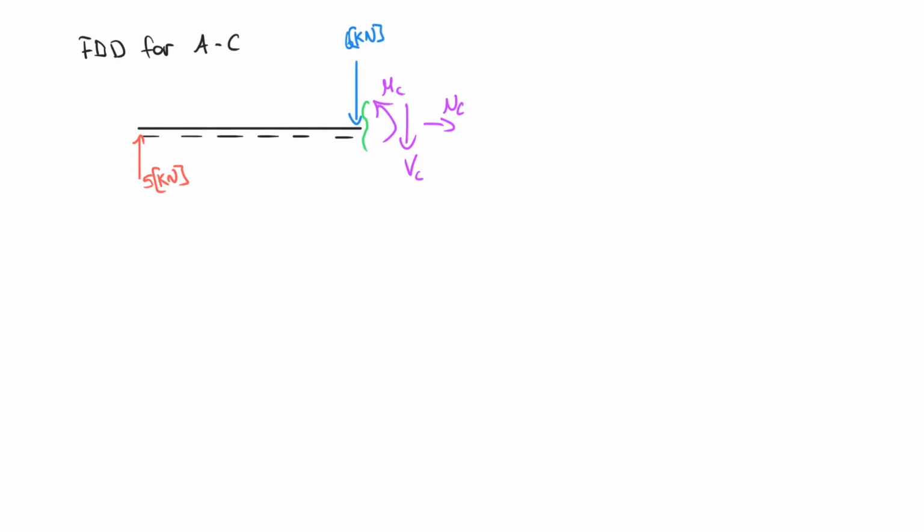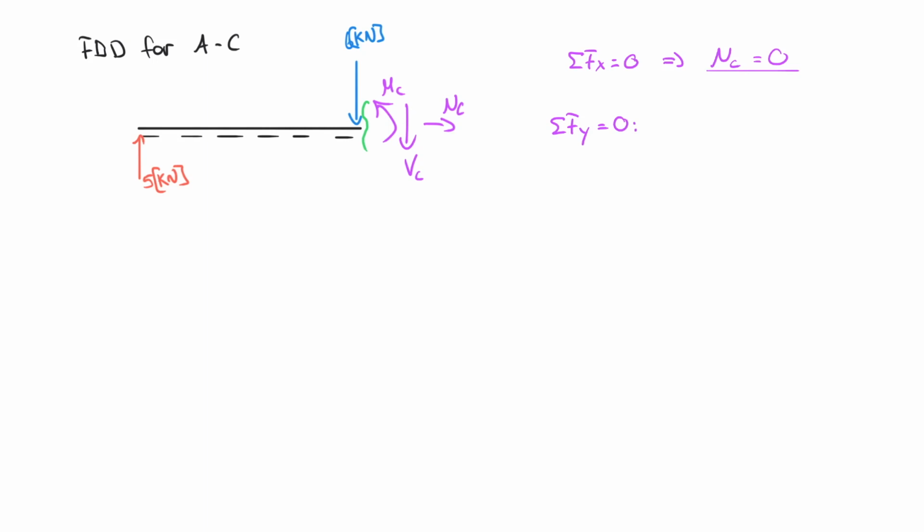For example, the sum of the forces in the x direction is equal to 0 tells me that N at C is equal to 0. That is a result that I will use later on. I also have to find the sum of the forces in the y direction being equal to 0.